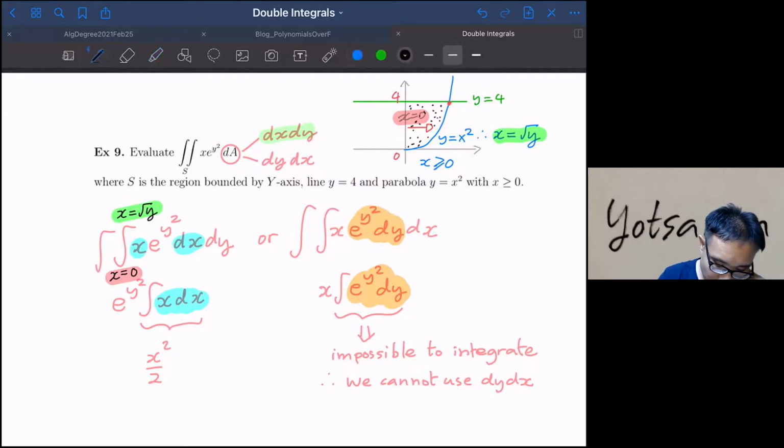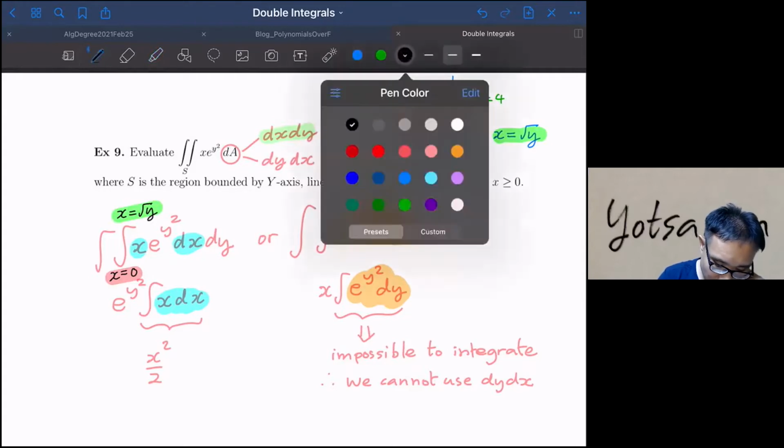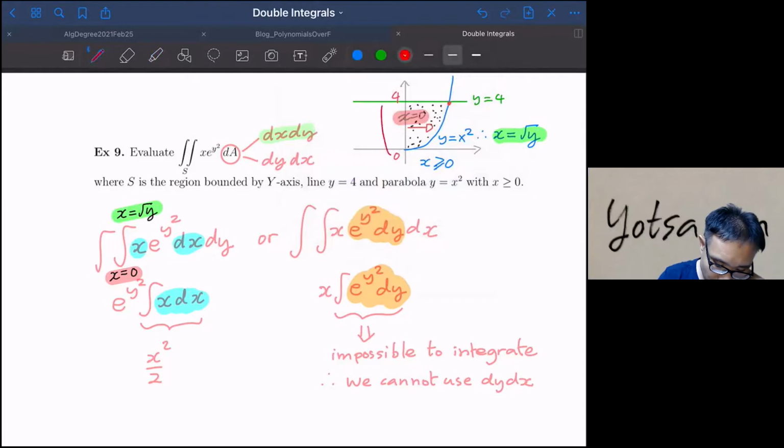You see in this picture that y covers from 0 to 4. So that is going to be our setup.